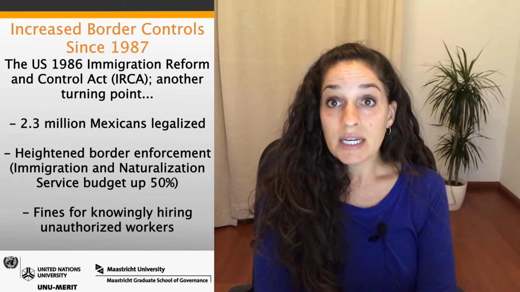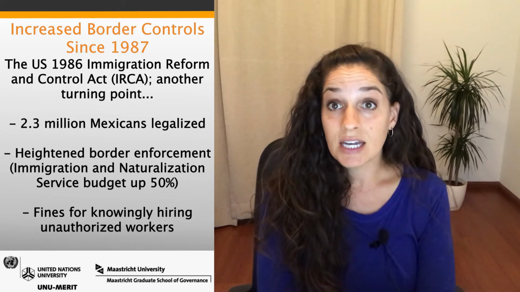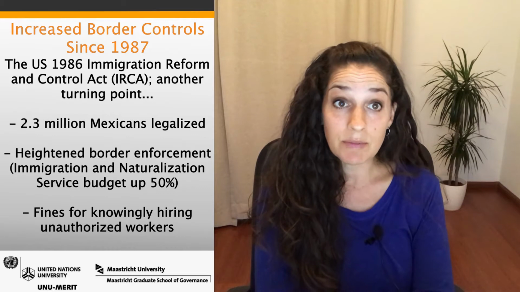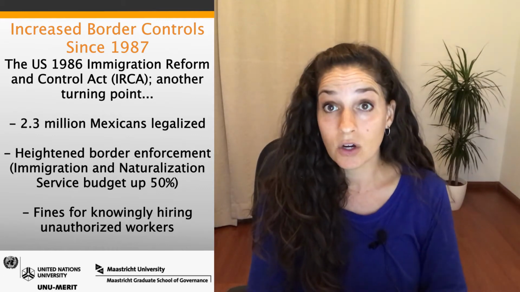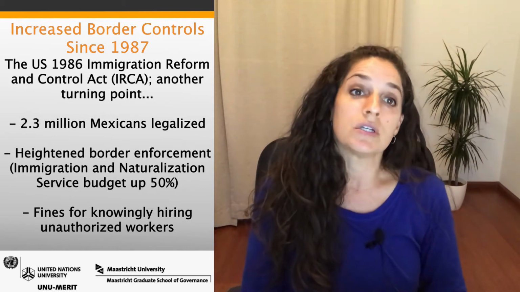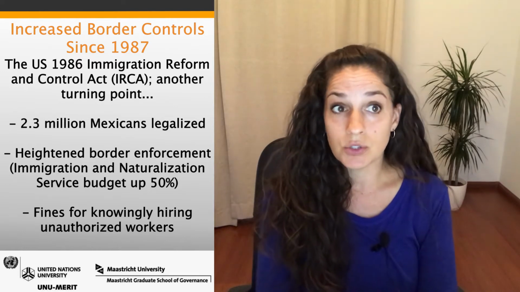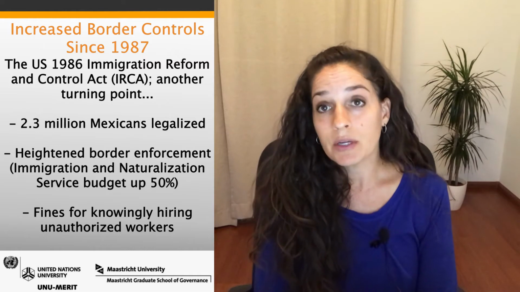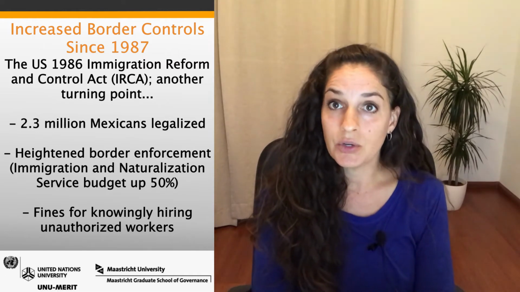Then there was really an increased border control since 1987. So the US 1986 Immigration Reform and Control Act, also known as IRCA, was another turning point for migration to the US. So at this point, 2.3 million Mexicans were legalized in the United States.